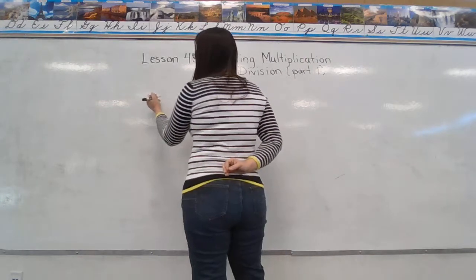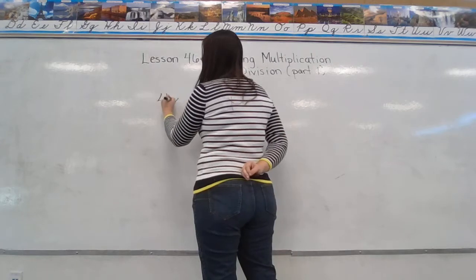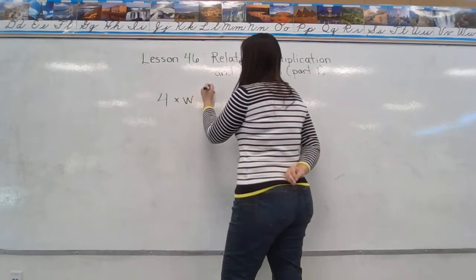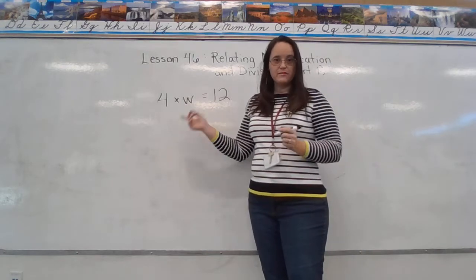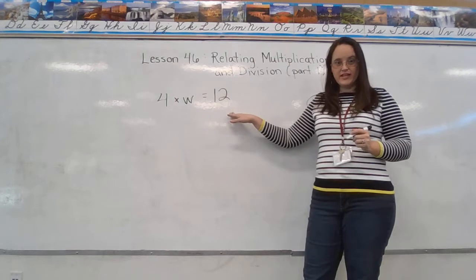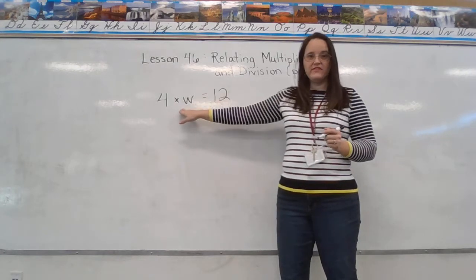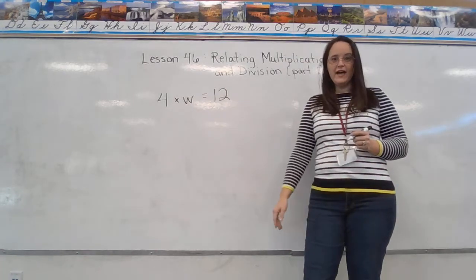So let's take a look at a multiplication problem. Here we're missing one of the factors. In multiplication, it's factor times factor equals product. If I take away one of the factors, I'm saying 4 times what equals 12.